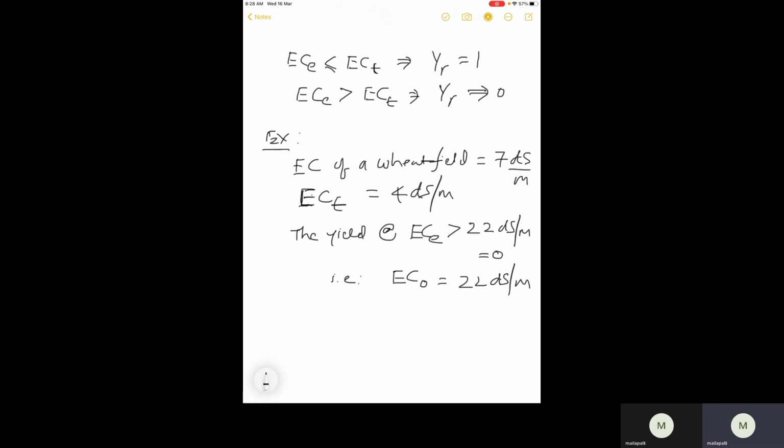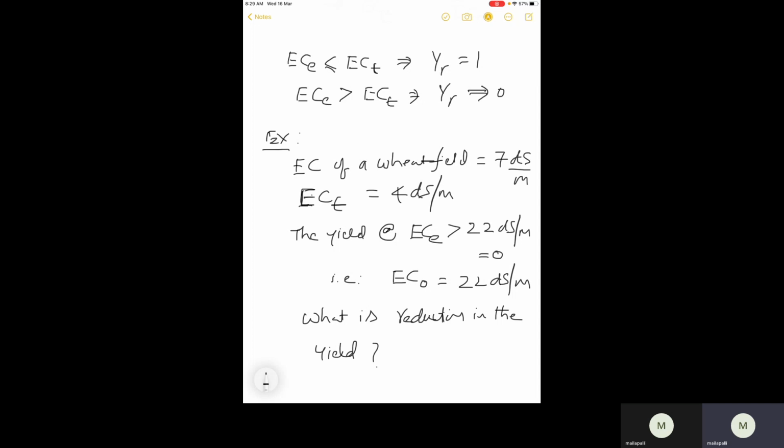Okay. So then the question is, what is the reduction in the yield? So if you understand, the crop is the wheat crop, and the soil has electrical conductivity of 7 decisiemens per meter, and the threshold electrical conductivity for which there is no yield reduction is 4 deci per meter.